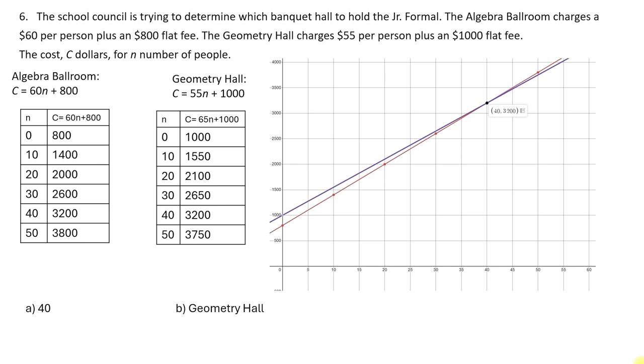And in that case, the geometry hall would be the better deal. They start off with an initial cost that is higher, but as soon as we get past 40 people, the geometry hall becomes the better deal.